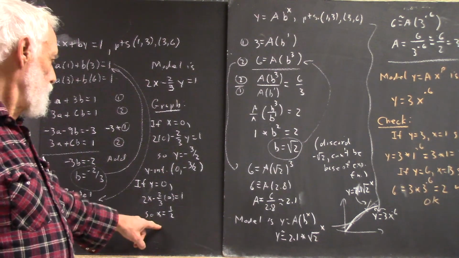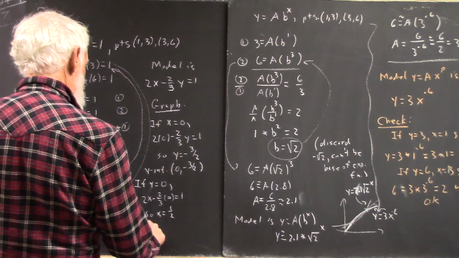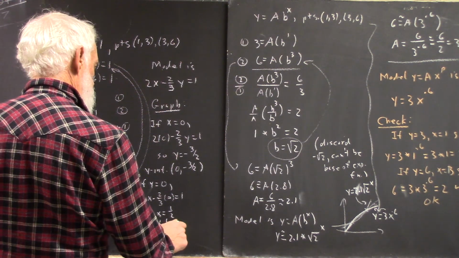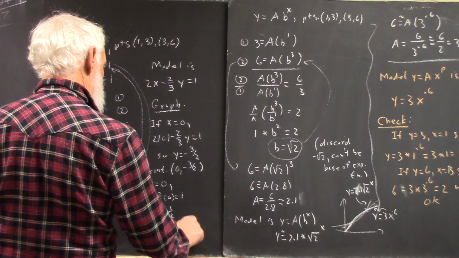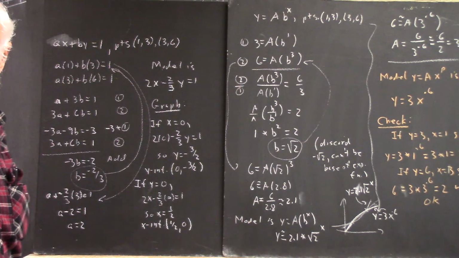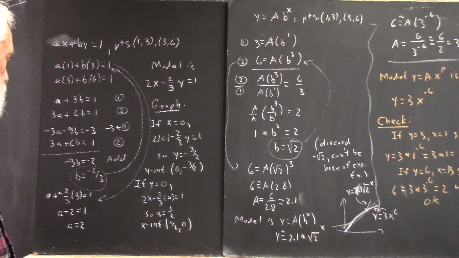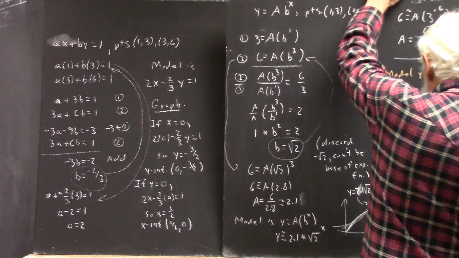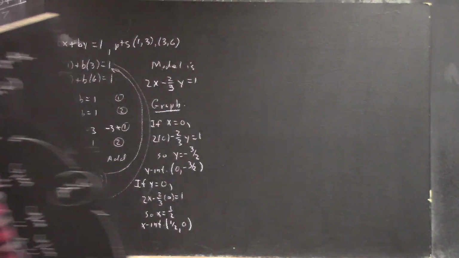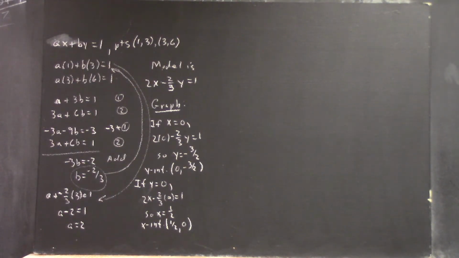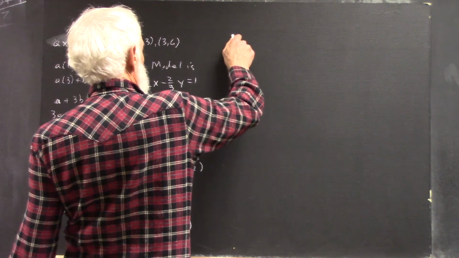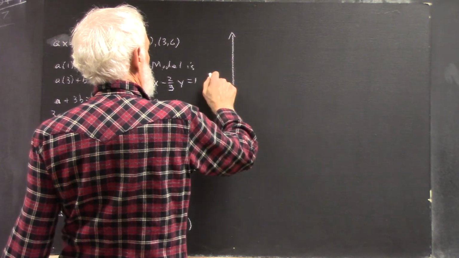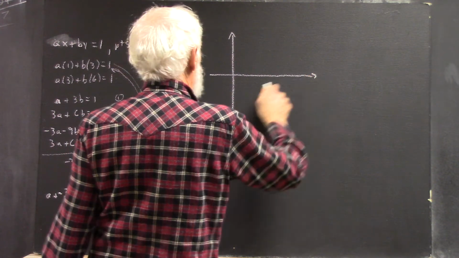And then if y equals 0, you get x equals 1/2. So the x-intercept is (1/2, 0). So the graph would look like this.